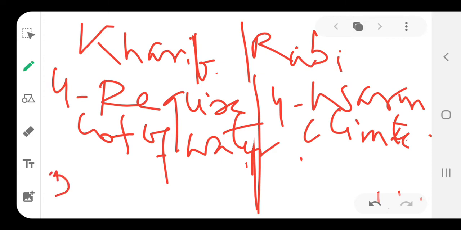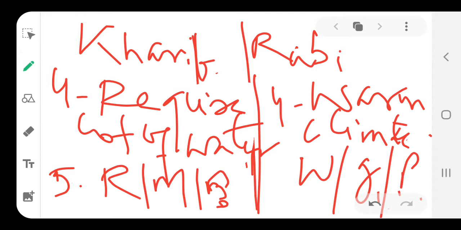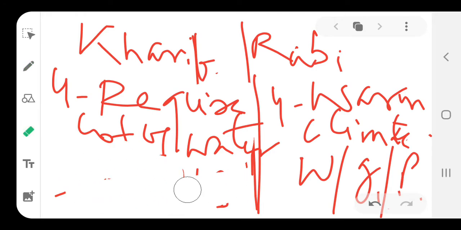Then fifth point, you can give examples. Under Kharif, we have rice, we have maize, we have bajra, cotton, etc., okay. While in case of Rabi, you write the example of wheat, then grams, then peas, barley, the list can go.